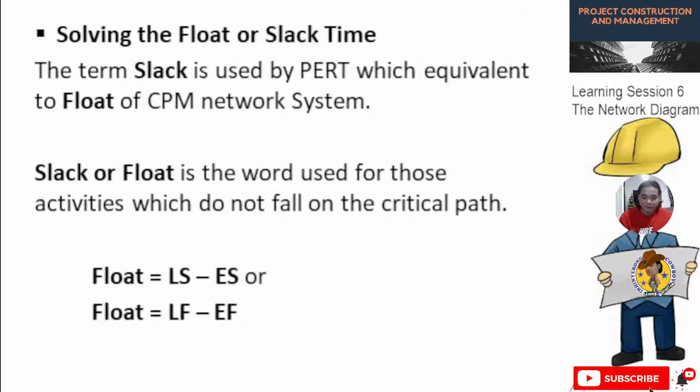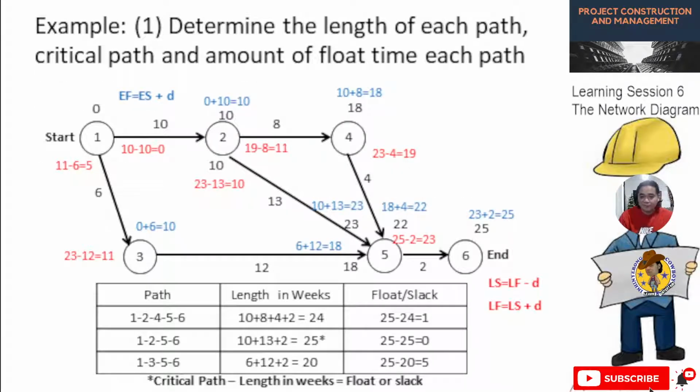Now guys, we will try one example. As you can observe, this example is the previous example for the early start, early finish, last start and last finish. So this is our last example. For this example, this is the diagram. I color coded the formula.